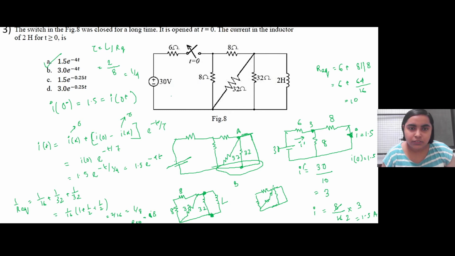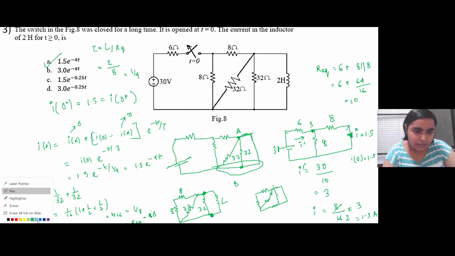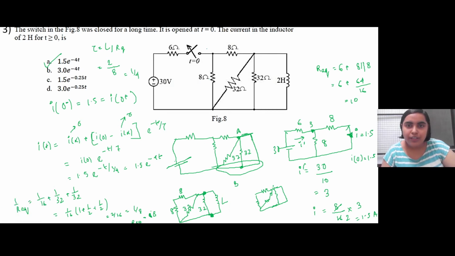How did R equivalent come out? Okay, R equivalent. See, I'll take a different color. Now when this switch has been opened, this entire circuit will be this much, right? So this is an 8 ohm resistance, another 8 ohm resistance.